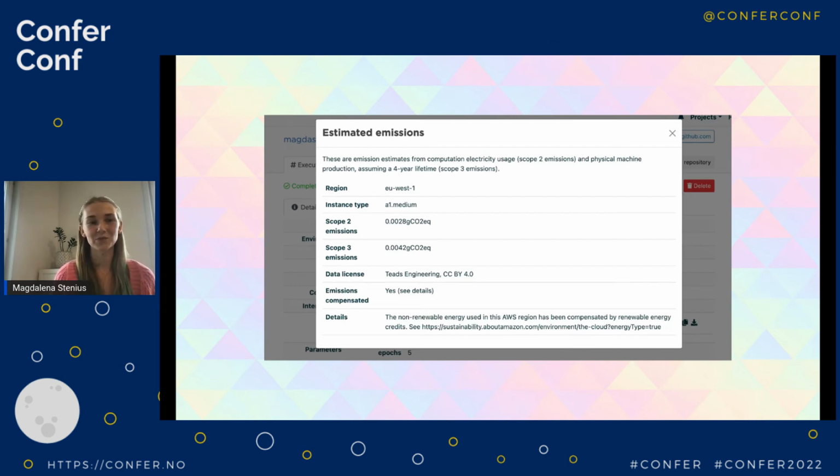This is, of course, optional to look at, but it's a bit interesting. And here you can see a division of the Scope 2 emissions, Scope 3 emissions, the license of the data. So, for example, in this case, it's based on the Teach Engineering dataset. And you can also see details on whether or not this compute was in some way compensated.